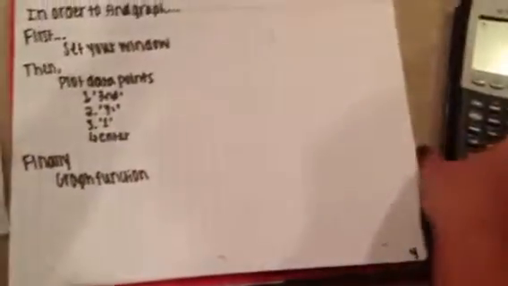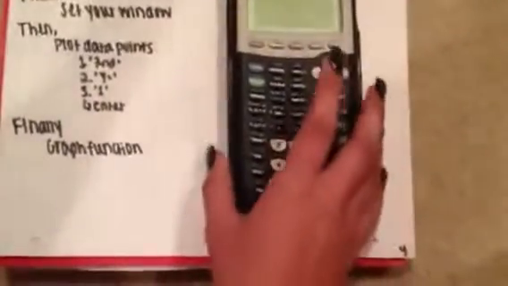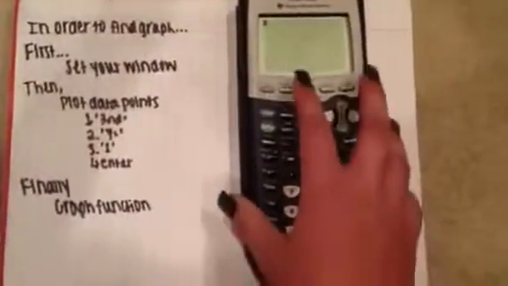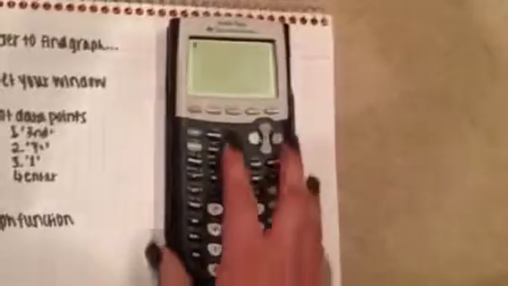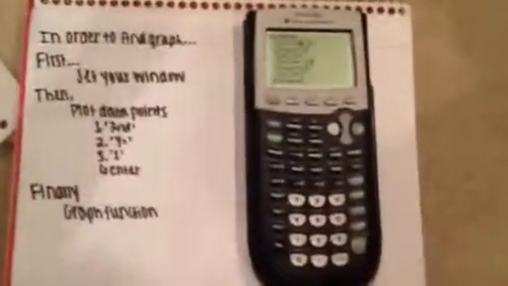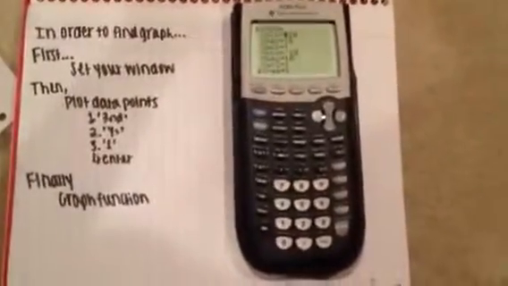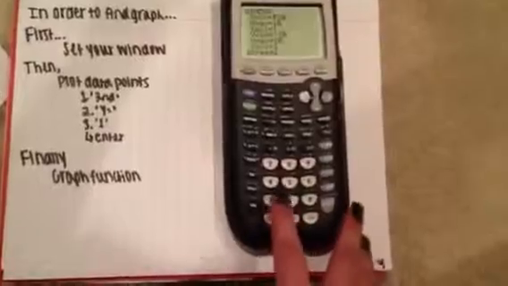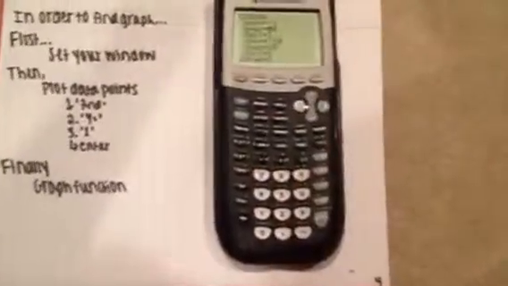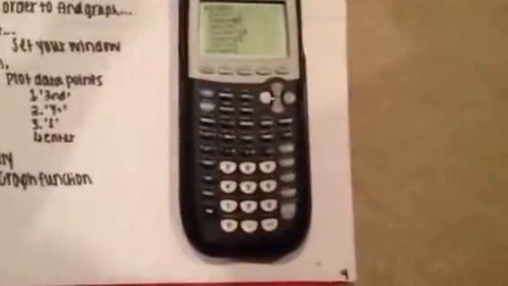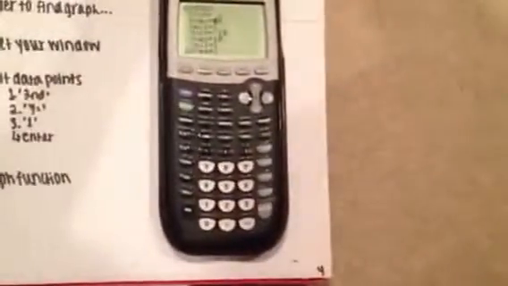Now, in order to find the graph from that, you first set your window in order to match your values given, and you want to set your x minimum less than your lowest x value, and in this case our lowest x value is 1, so I'm going to go ahead and set it to -1, and you want to set the x maximum to higher than your highest x value.